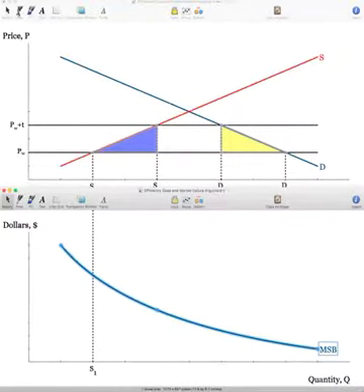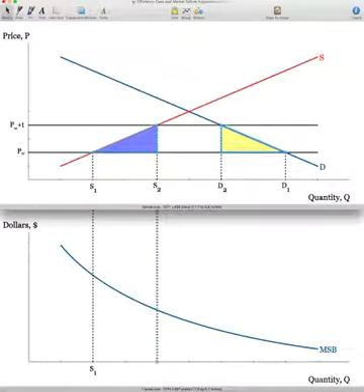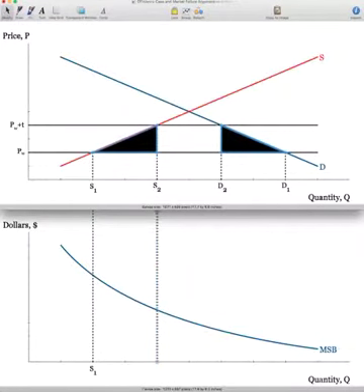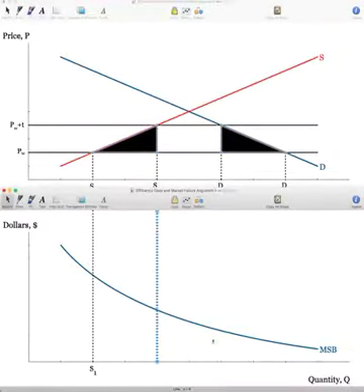Let's bring down the new tariff level, the new domestic production level. And let me change that. Again, I'm getting a little glitchy here with the program. Let me do it one more time.